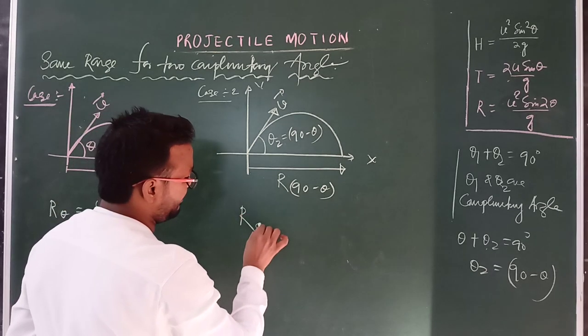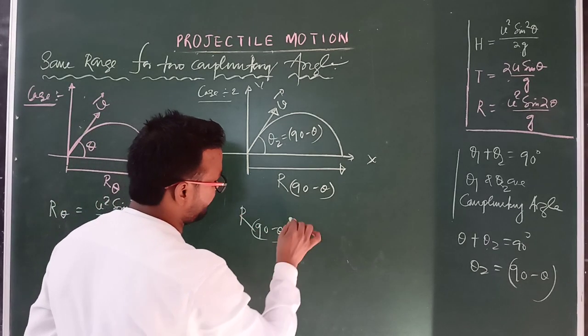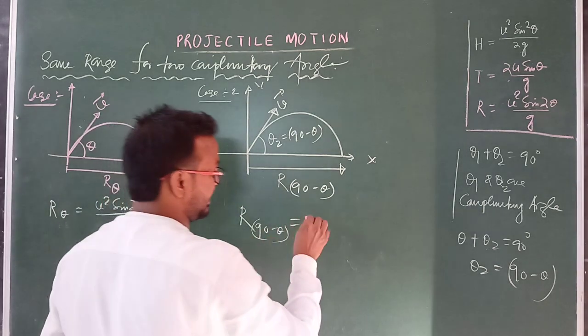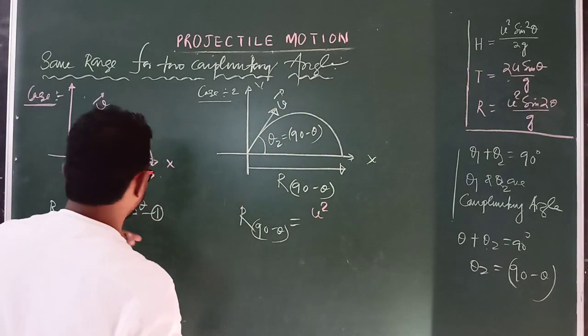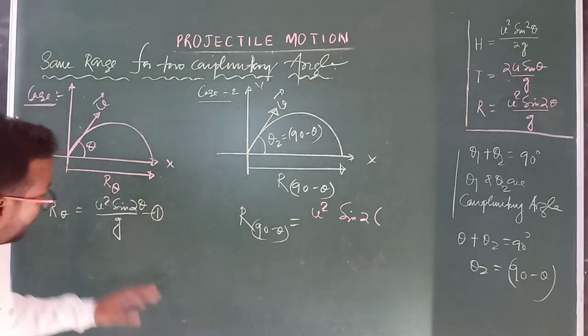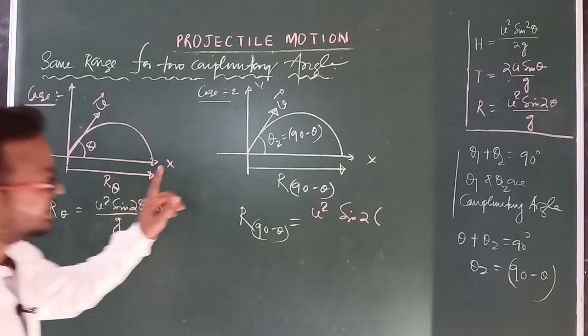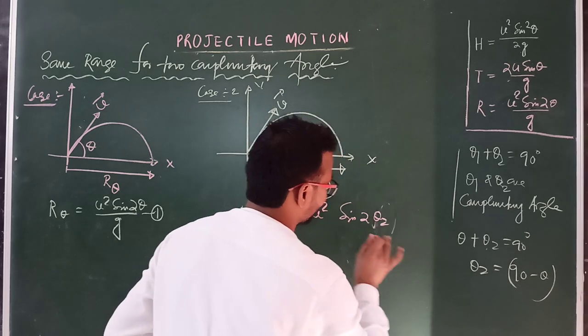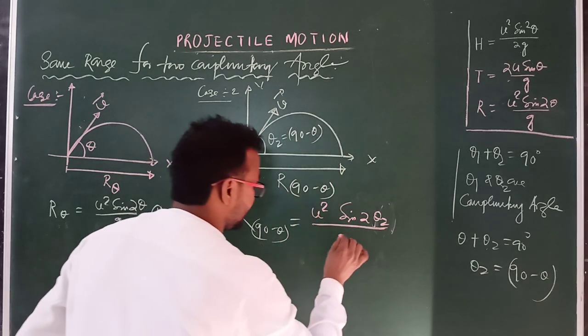The formula of range R of 90 minus theta equals u square, because the initial velocity is the same, so u square sin 2 theta, where theta is here theta 2, or you can write sin 2 theta 2 divided by g.